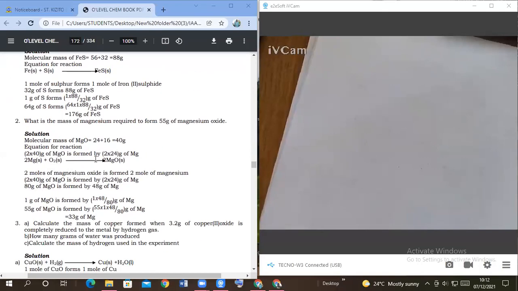Example 2 is saying, what is the mass of magnesium required to form 55 grams of magnesium oxide? What are the reactants?